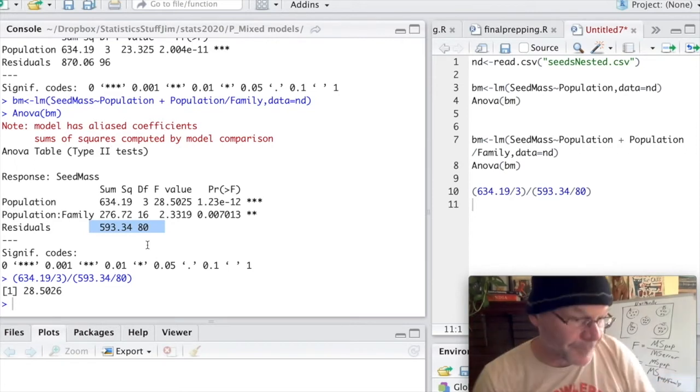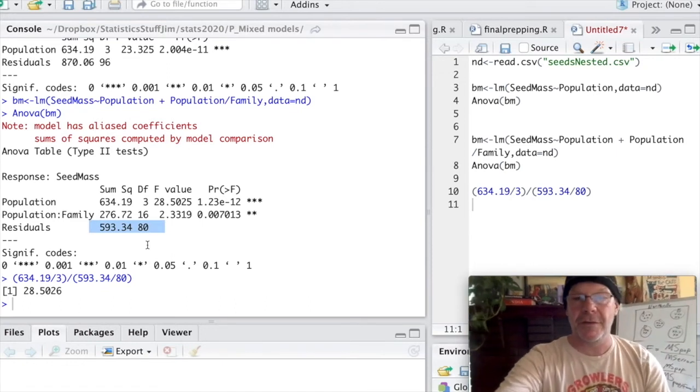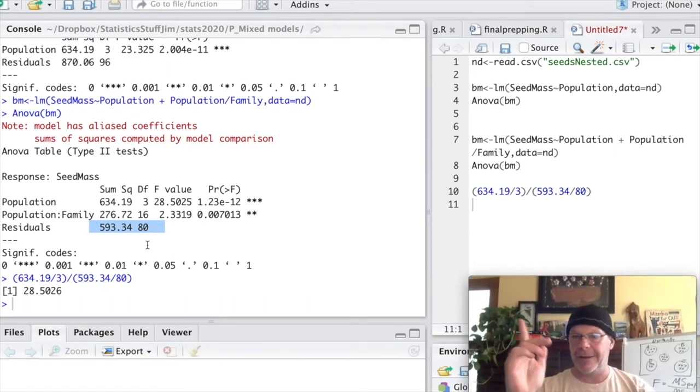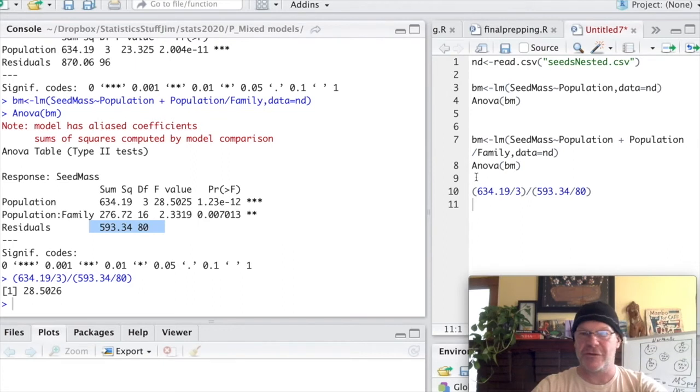Okay? And so we can go ahead and do this by hand. Again, this is not something that you would probably ever do, because as we'll see, there are much easier ways to do these things. But let's go ahead.